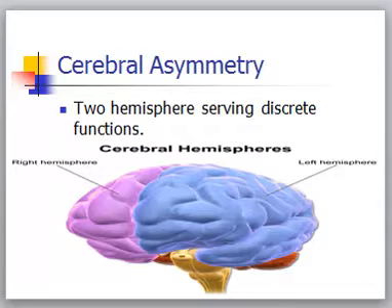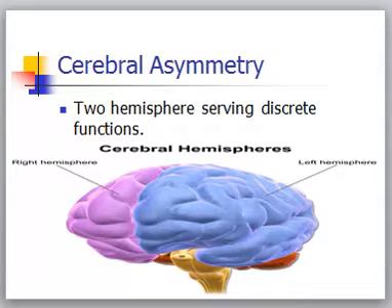Next, we are going to discuss cerebral asymmetry, otherwise called cerebral dominance. The two hemispheres serve discrete functions, which is referred to as cerebral asymmetry, especially the functions of language and speech in humans, which are more localized in one cerebral hemisphere than in the other.